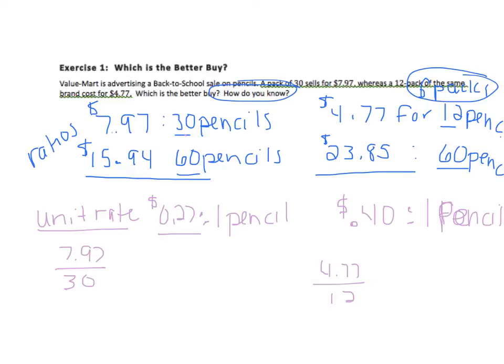So I definitely would buy the 30 pack, especially because we're always running out of pencils in math class. So you can see finding the unit rate was extremely helpful in being able to show this comparison, which one was cheaper, which one was a better deal.